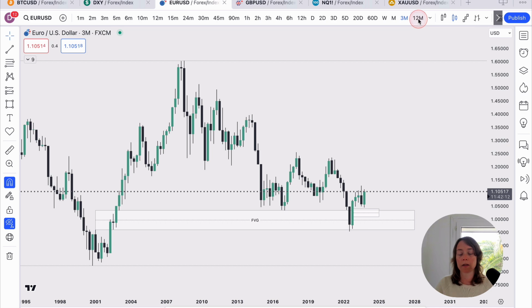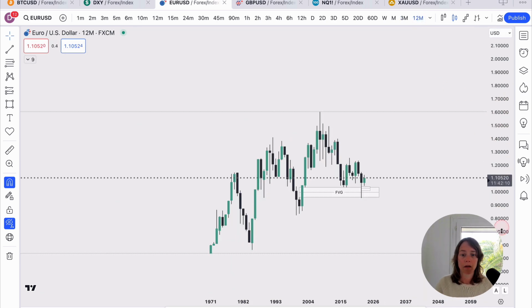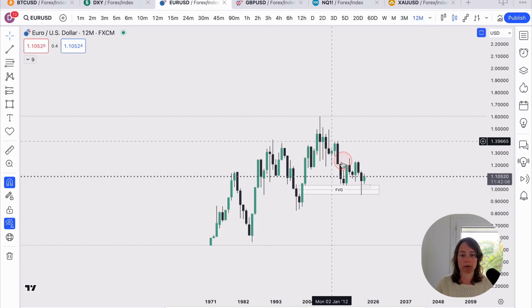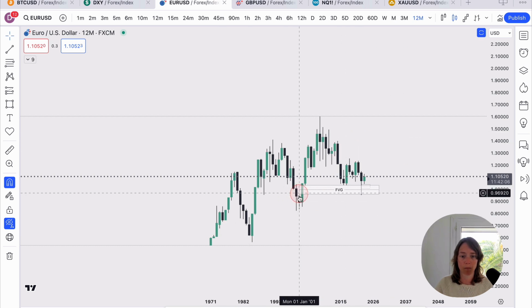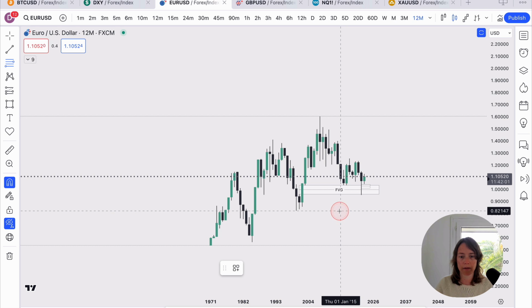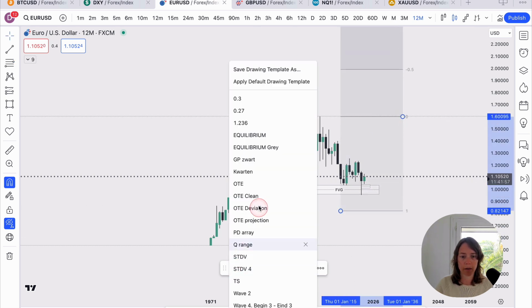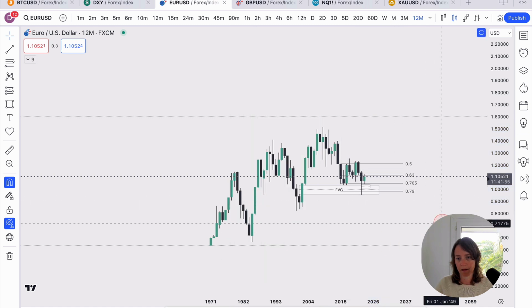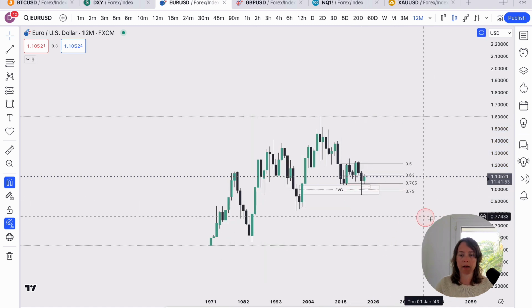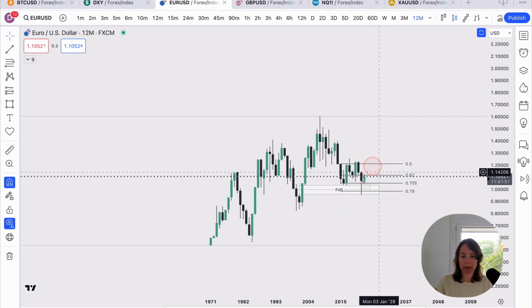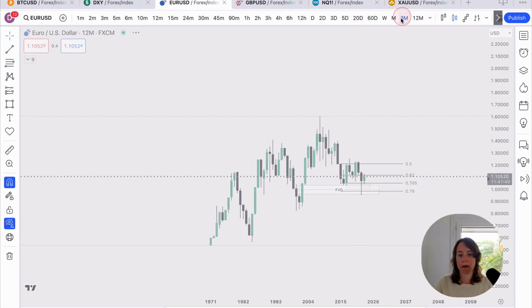If I just look at the yearly, it's a nice bullish structure. It went back to the extreme. I can also draw an OTE, right? So it came back to the extreme OTE over here, the 7-9.